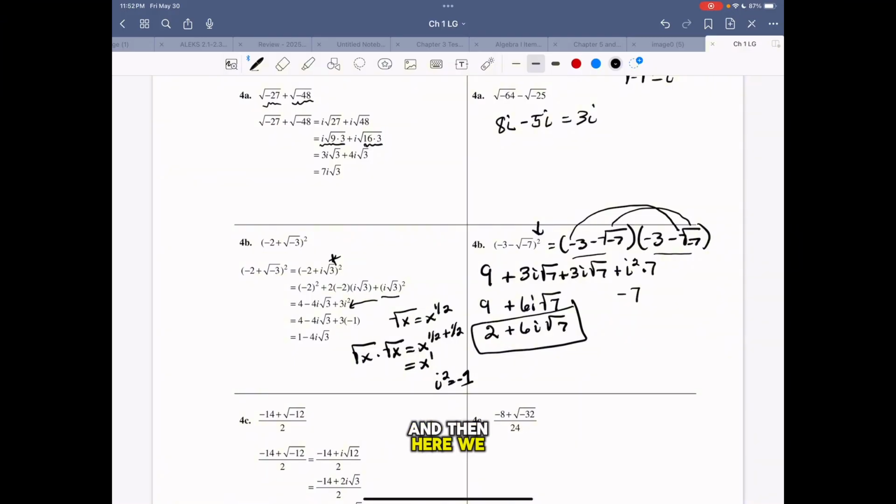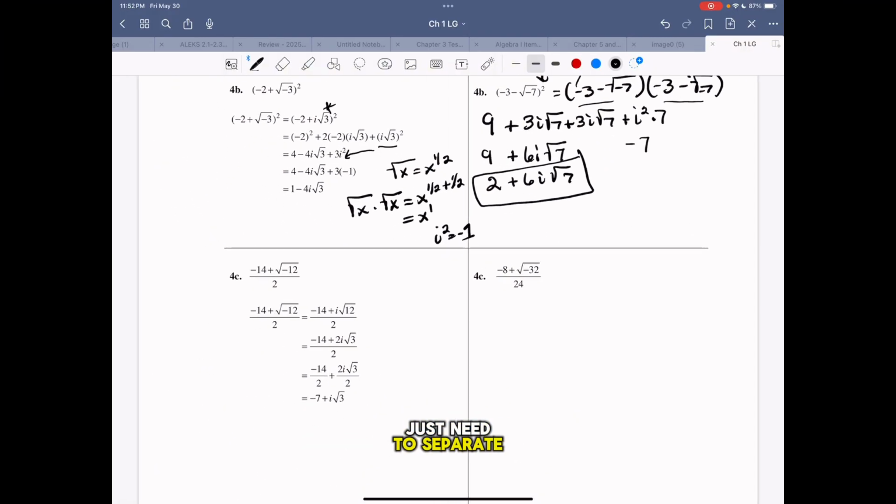And then here, we just need to separate. So we'll have -8 over 24 plus, we can bring out this i, change this to 16 times 2 inside over 24. And then we know that if we reduce the first fraction, it's going to be -1/3.